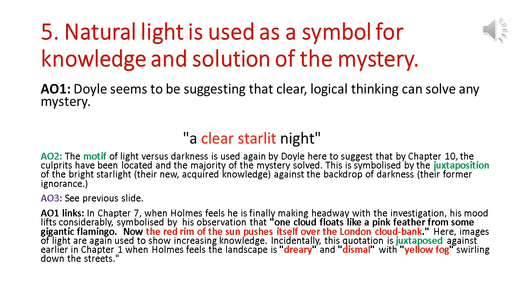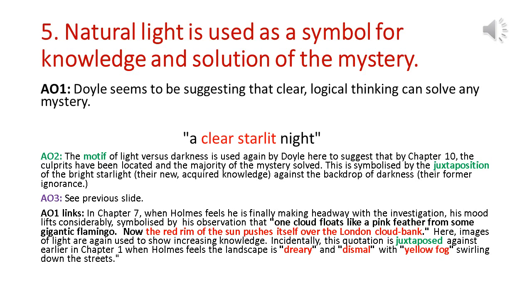A link that you could make here is that in chapter 7, when Holmes feels he's finally making some headway with the case, his mood lifts considerably. And that's symbolised by the fact that he says, "One cloud floats like a pink feather from some gigantic flamingo. Now the red rim of the sun pushes itself over the London cloud bank."